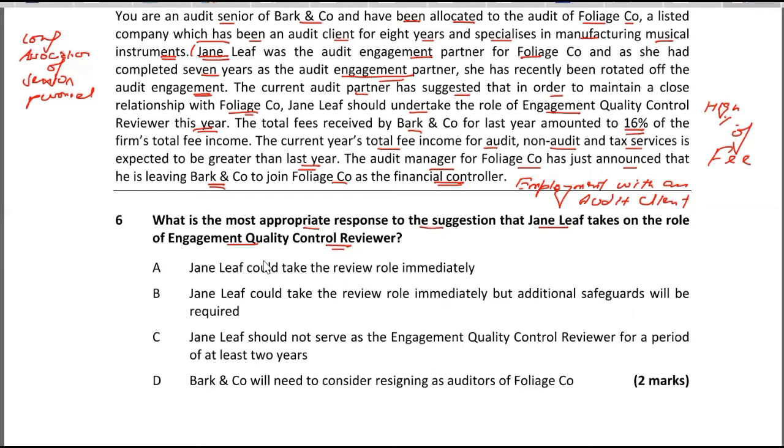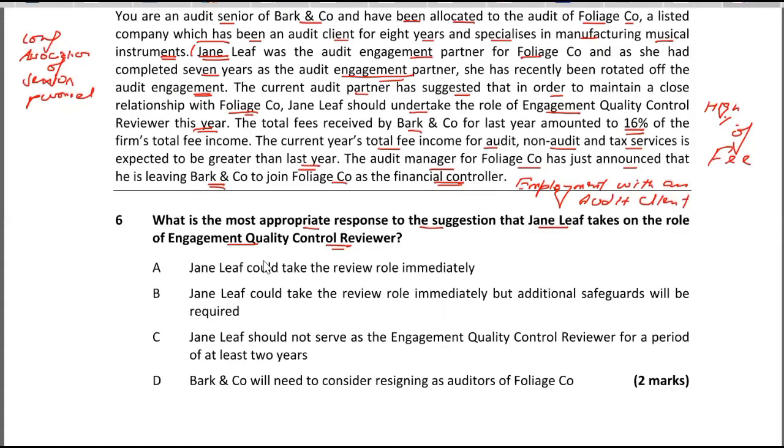So Jane Leaf has audited Foliage Co. for 7 years, and now the new partner is saying that she should be acting as the engagement quality control review partner. That means reviewing the work.